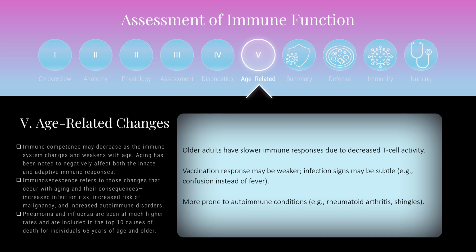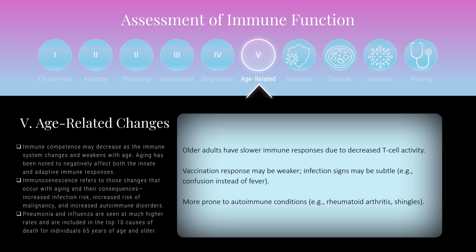So here, immunosenescence refers to changes in the immune system that occur with aging and their consequences: increased infection risk, increased risk of malignancy, as I said earlier, and increased autoimmune disorders.